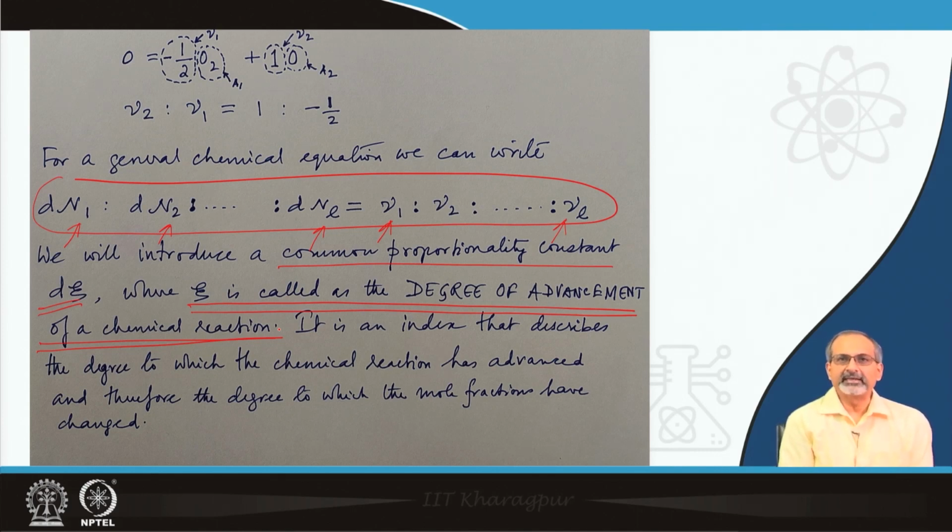It is basically an index that describes the degree to which the reaction has advanced, starting from an initial or a reference state and moving towards a final state. And as it happens, the mole fractions are going to get changed, and those fractions are going to be related in ratio form with the corresponding stoichiometric mole numbers.